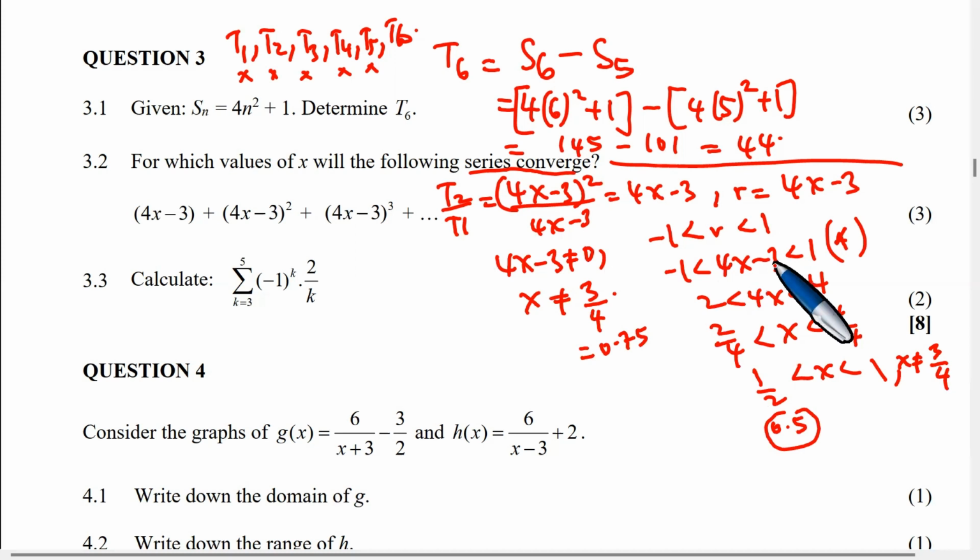And 0 is bigger than -1 and less than 1.